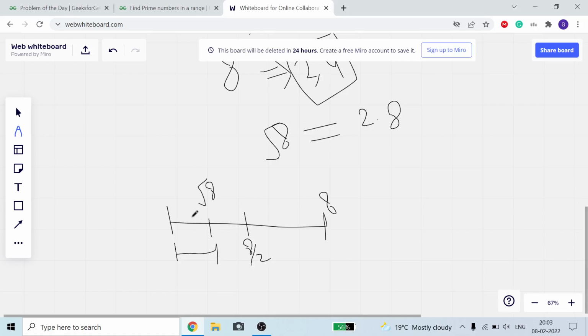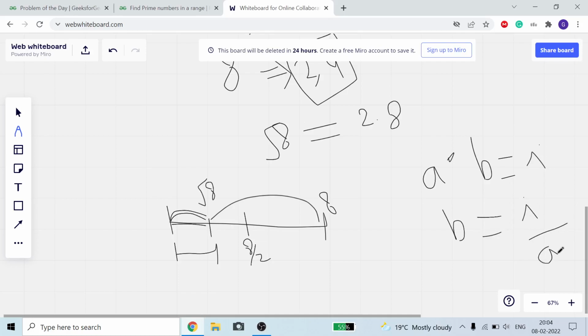Because if we have some factor beyond this, then we will also find a factor before this, because a into b is equal to i. If a is a factor, then b is equal to i divided by a.